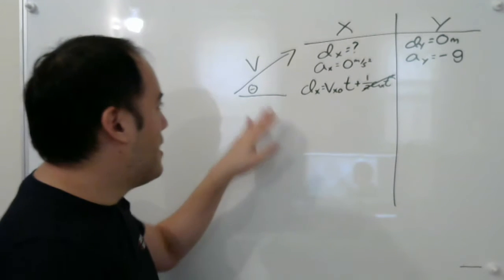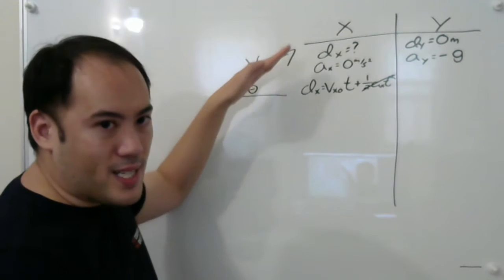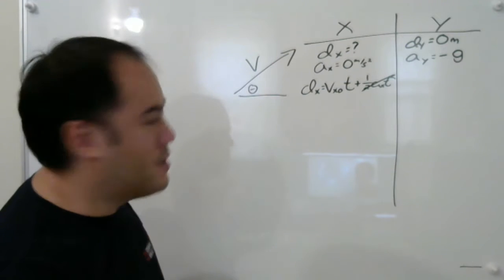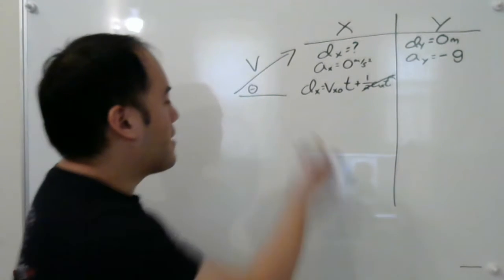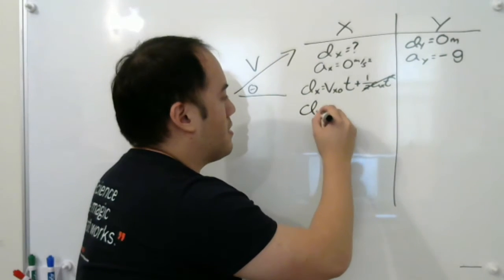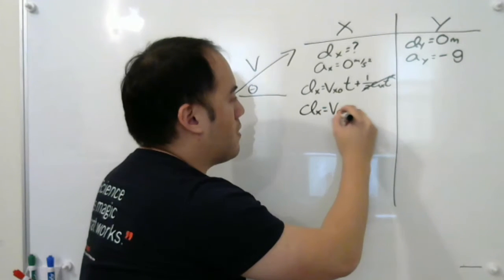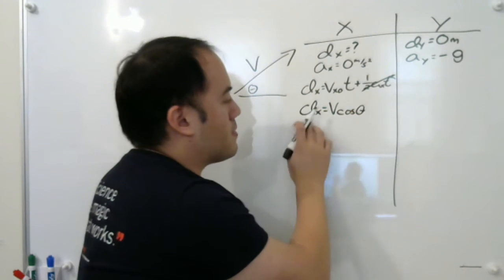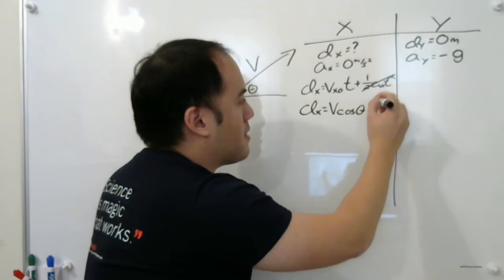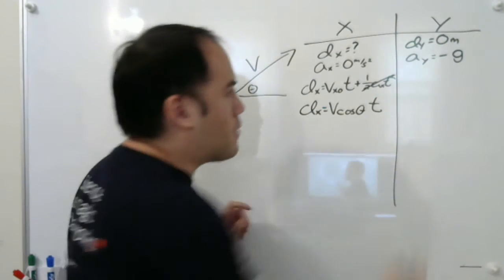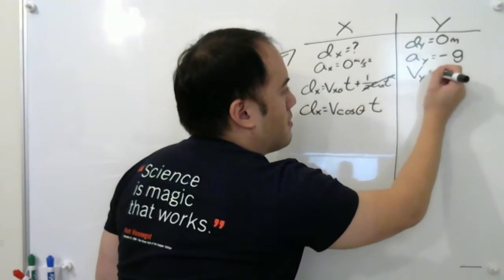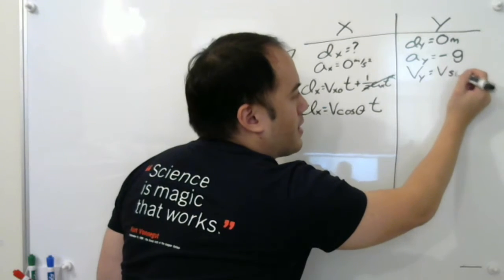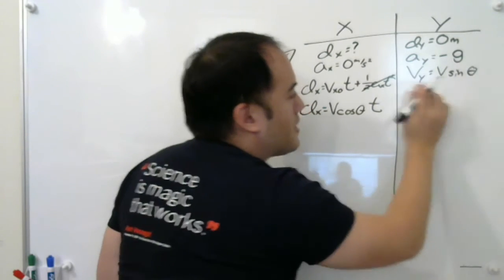So we know we're throwing the rock at speed V at angle theta. Vx naught is obviously v cosine theta, so dx is v cosine theta t. And what's vy naught? V sine theta.